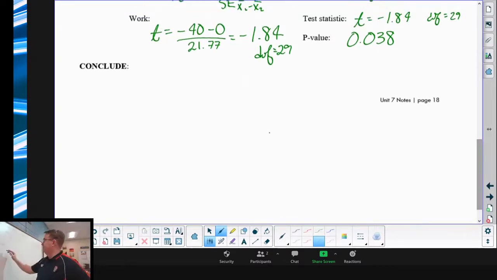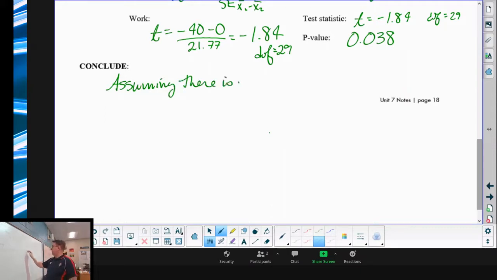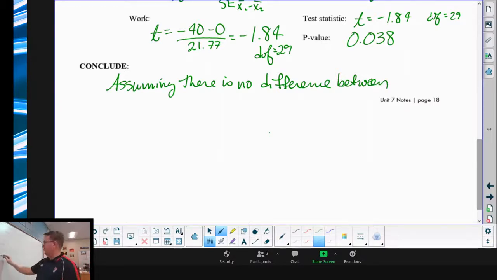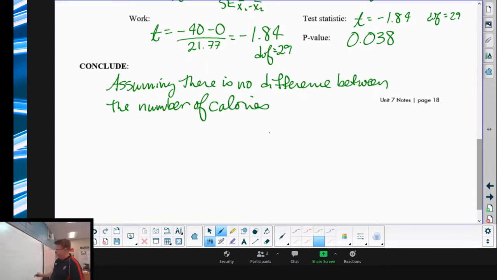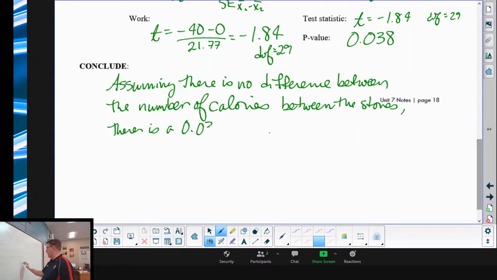So again, assuming there is no difference between the number of calories between the stores, there is a 0.038 probability of getting a difference of negative 40 calories purely by chance.